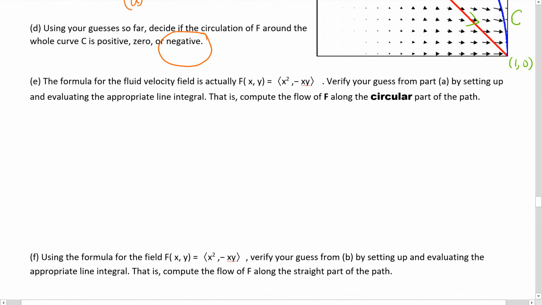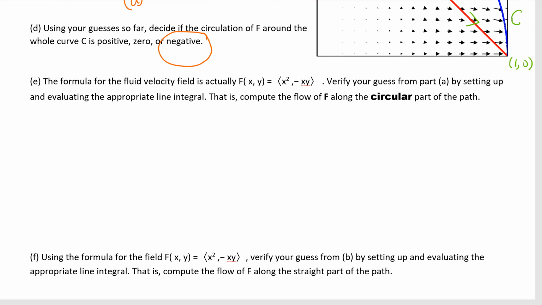The formula for the fluid velocity field is actually (x squared, minus xy), with two coordinates. Verify our guesses from part A by setting up and evaluating the appropriate line integral. That is, compute the flow of the vector field F along the circular part of the path.